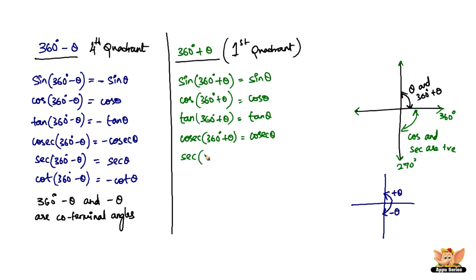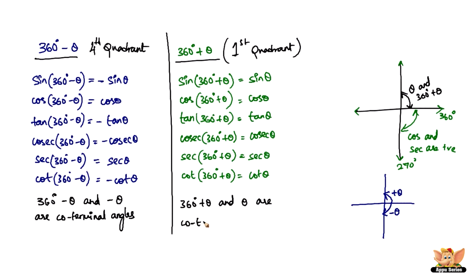And secant of 360 degrees plus theta is going to be equal to secant theta. And cot of 360 degrees plus theta is going to be equal to cot theta. So it's the same as the first quadrant or the theta. So we can also say that 360 degrees plus theta and theta are coterminal angles.